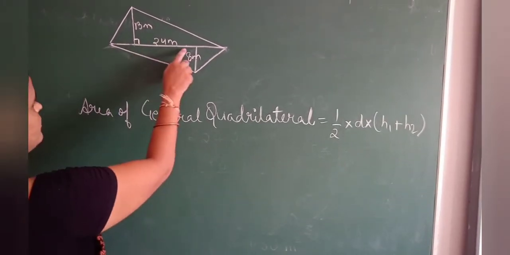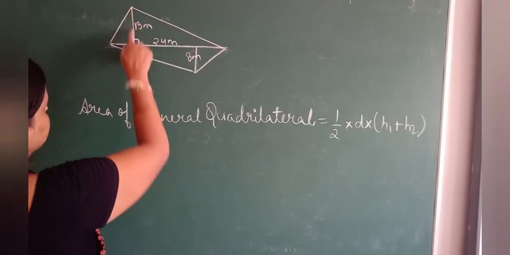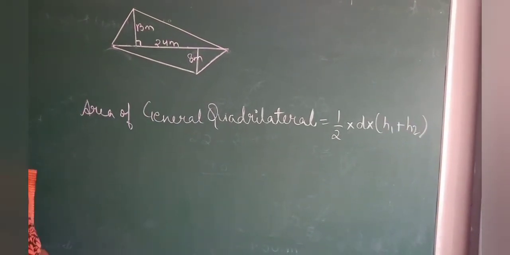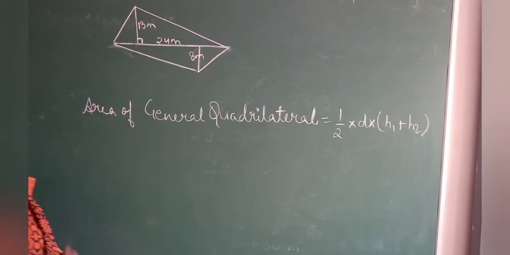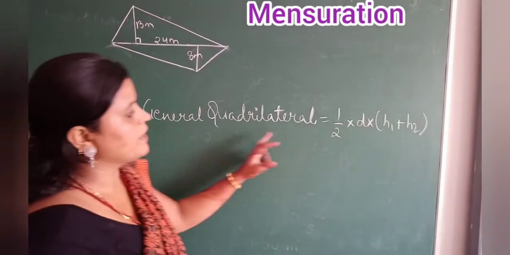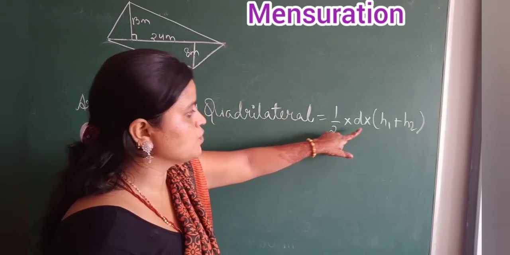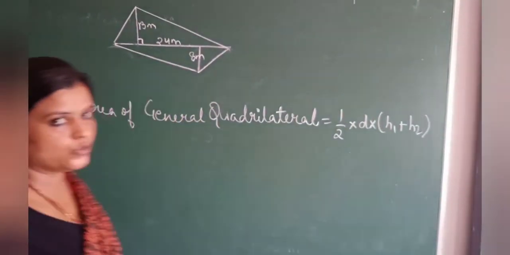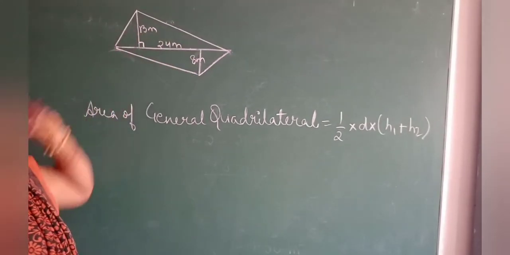So according to that formula, we will derive the formula: area of general quadrilateral equals half into the length of this diagonal into the sum of the two perpendiculars.